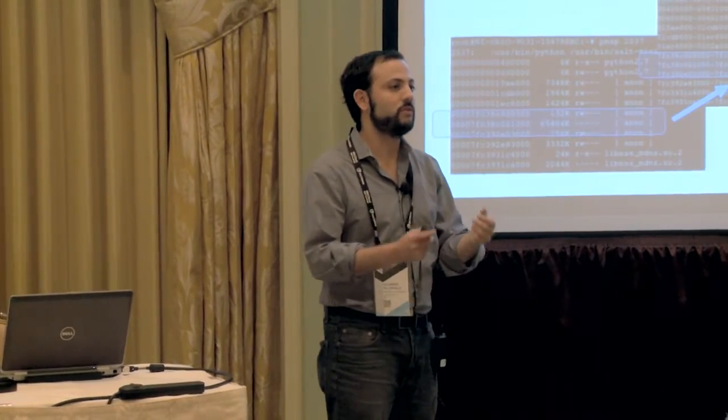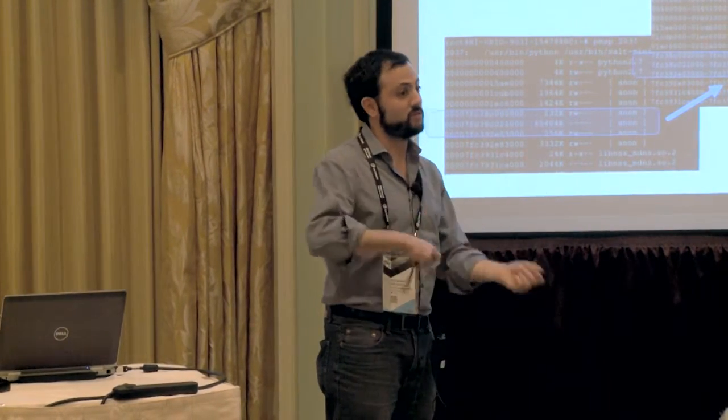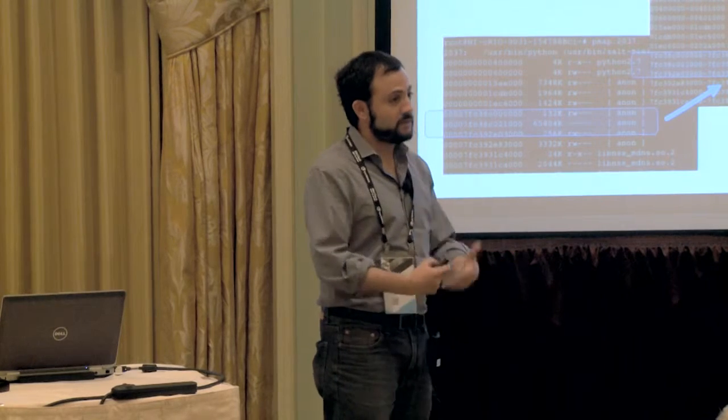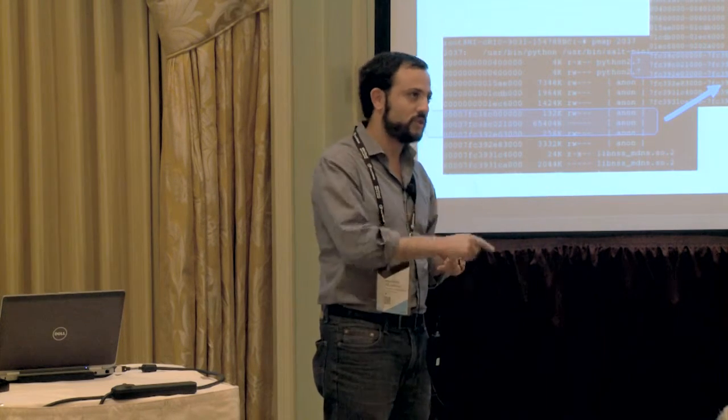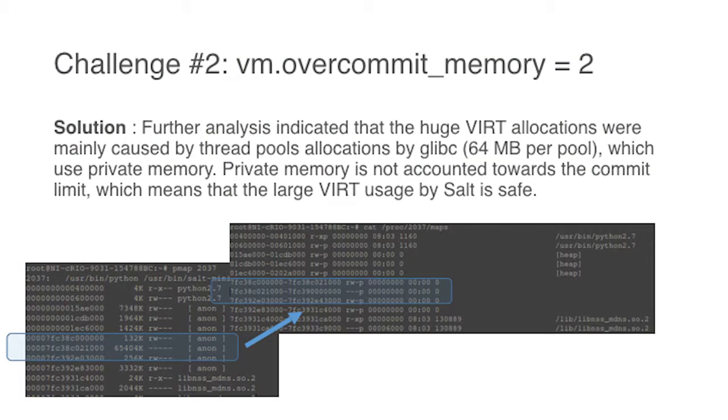So the way it works is that you have a scratch pile of memory, and then if your thread needs memory, it grabs it from there. The thing is that the kernel has special code to tell you that if the memory is set to be private, don't use it against the overcommit limit. So even if we're setting overcommit limit equal to 2, it's fine to have huge virtual memory allocations as long as they come from thread pools. Yeah, that was interesting.